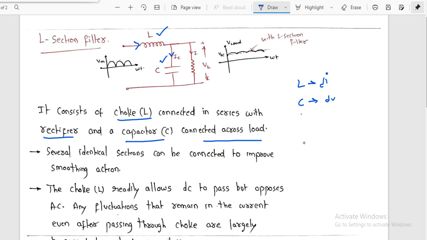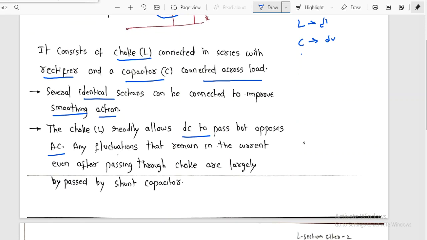Sometimes you can use such kind of LC sections. This is one LC section. If you want to get a smooth DC waveform, for the smoothing action we can use a number of such LC sections. Several identical sections can be connected to improve the smoothing action. As we discussed earlier, the choke will allow the DC to pass through but it opposes the AC, and any fluctuations that remain in the current even after passing through the choke will be bypassed through the shunt capacitor.